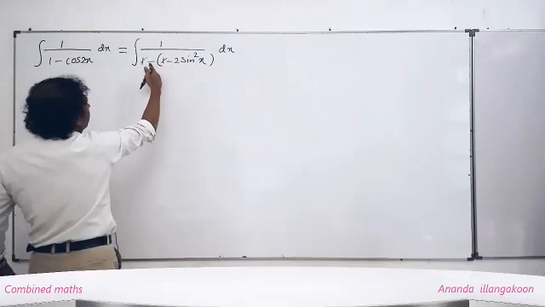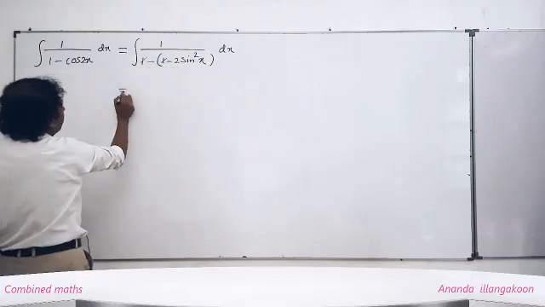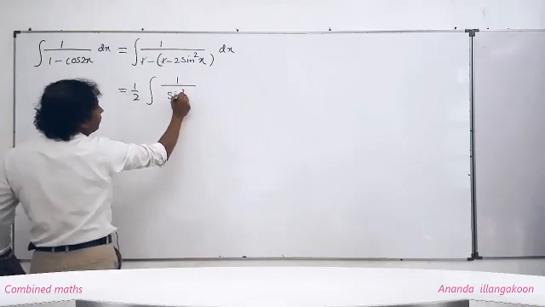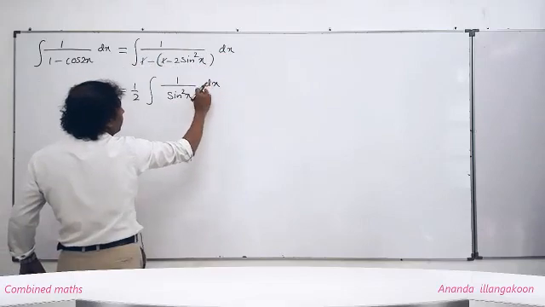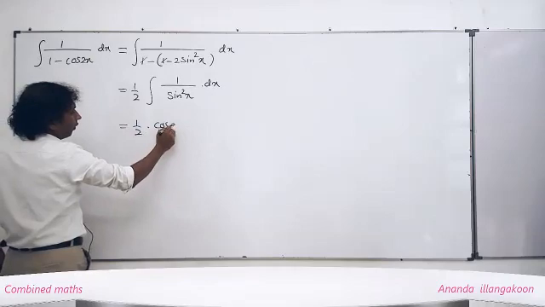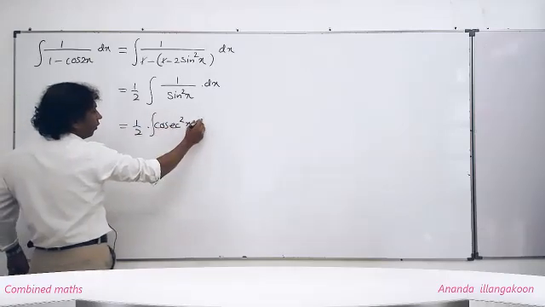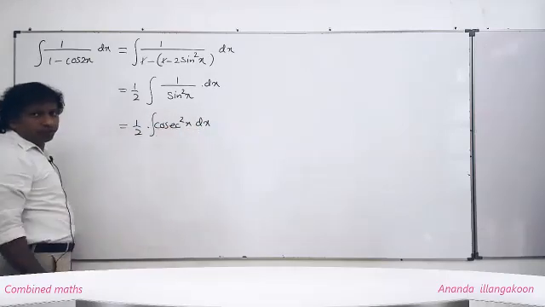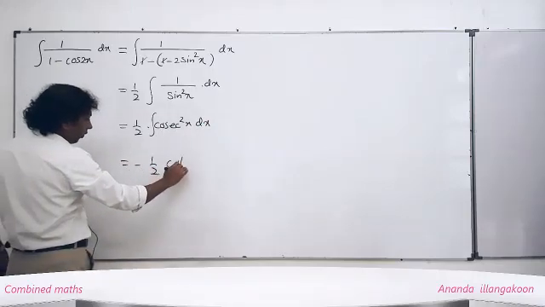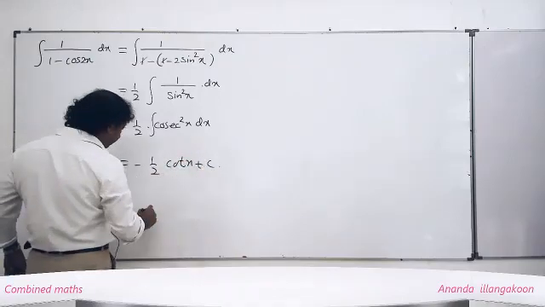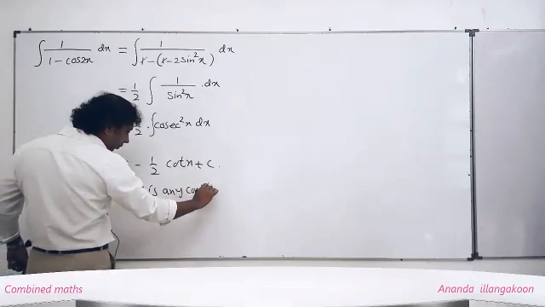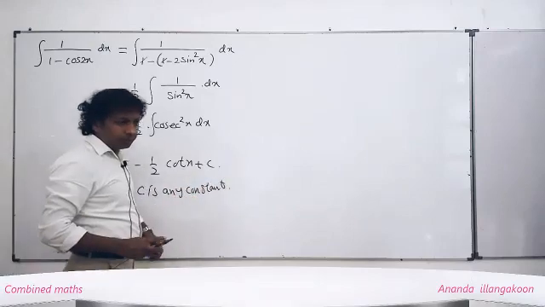This and this you can cancel down, minus minus plus, take this 2 out: half, 1 upon sin squared x dx. This is now cosec squared x dx, no? You know the integral of cosec squared x is minus cot x. Minus half cot x plus c. C is any constant.